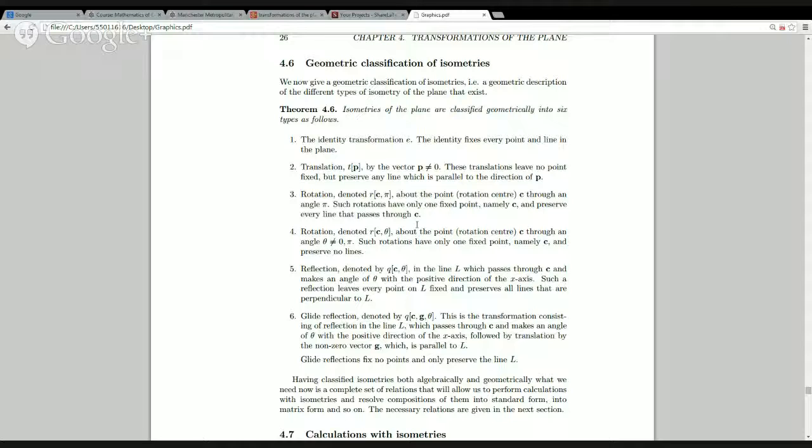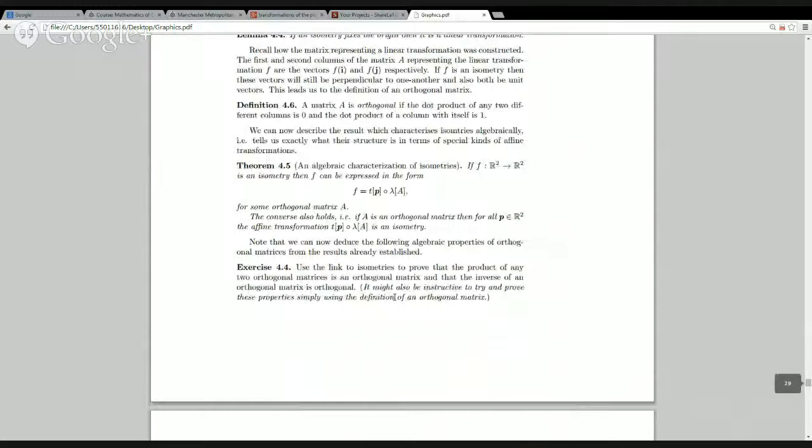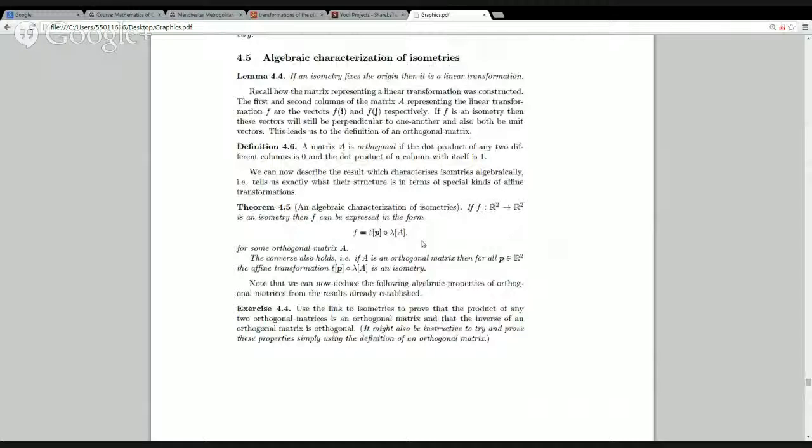If we consider an isometry that fixes the origin, so it's got no translational part, it's just represented by multiplying by a matrix. Because we had already that isometries are examples of affine transformations, so they can be put into the standard form of multiplication by a matrix followed by a translation.